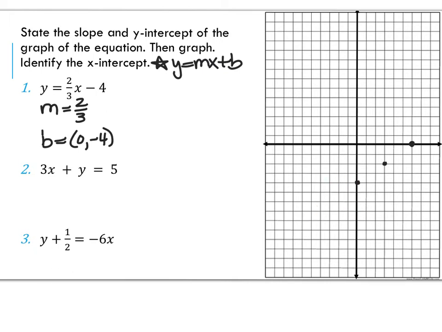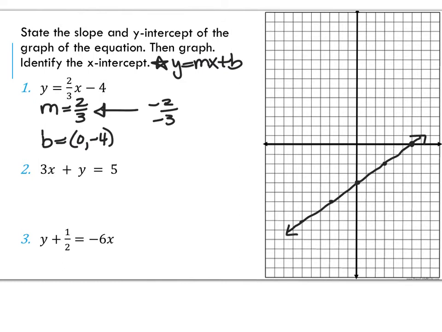So if I go down 1, 2, and to the left 1, 2, 3, that would continue on with my line, and it still keeps that slope, because we should remember -2 over -3 is a +2/3. So I'm doing the same thing, going down 2 and to the left 3. I'm just thinking negatives instead of positives so that I can make a few more points on my line.